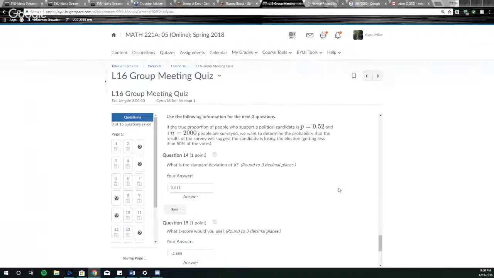That could be wrong. I just guessed on using 0.49. I think I used 0.52 because it says in the book, in section 3.22 on mean and standard deviation, that the mean of p hat is equal to p.